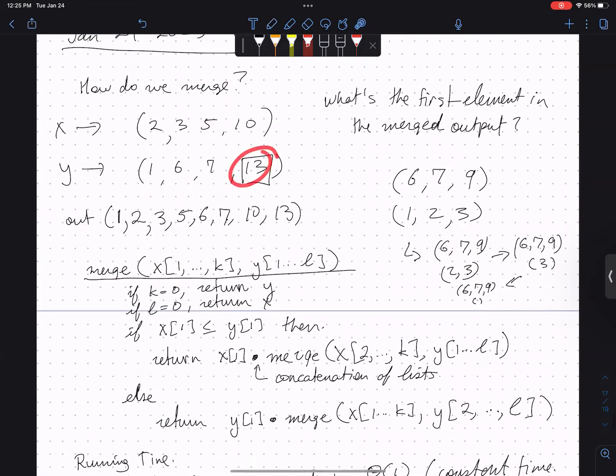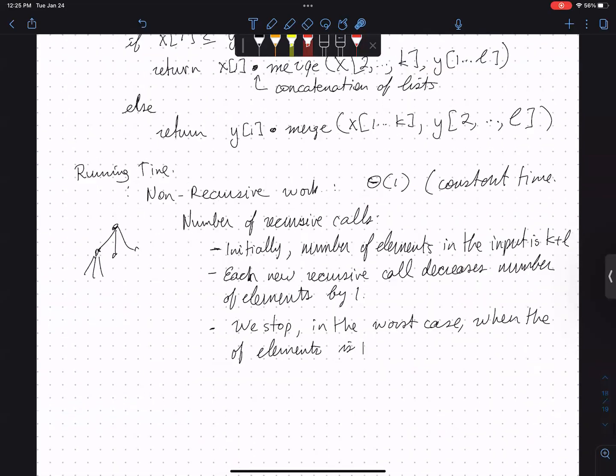We stop when the number of elements is 1. We could have gotten lucky, like here, we'll stop when the number of elements is 3. But in the worst case, we can go all the way down to 1. Okay, so we start with k plus L. Each call would decrease by 1. When we get to 1, we stop. So how many recursive calls are there?